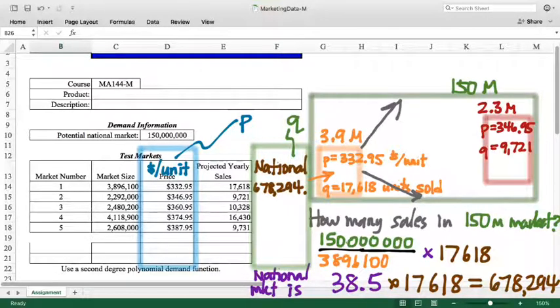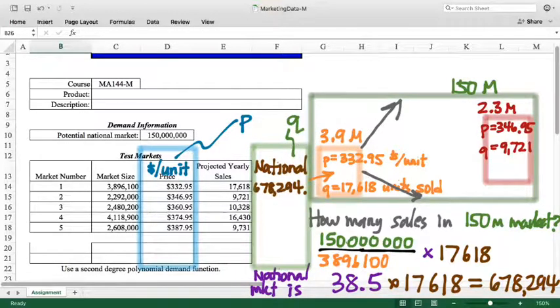And the last thing I want to say about these variables is that because the numbers that we end up needing to use for Q tend to be fairly large, like this is 678,294, for convenience's sake what we like to do is scale this down.